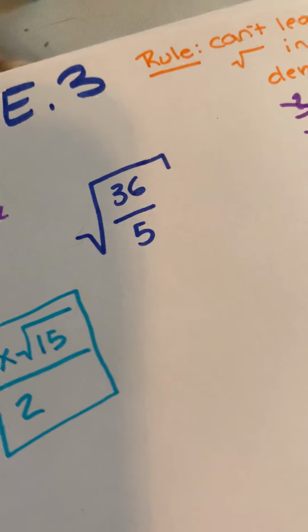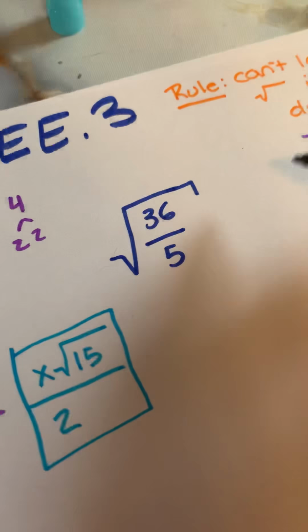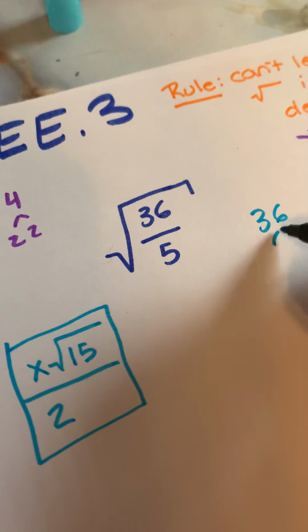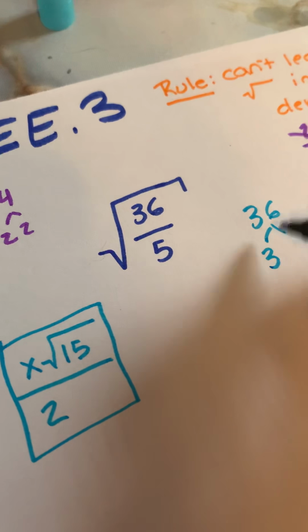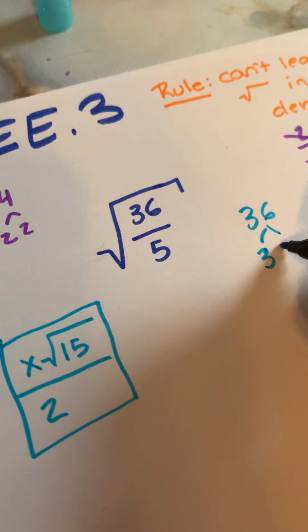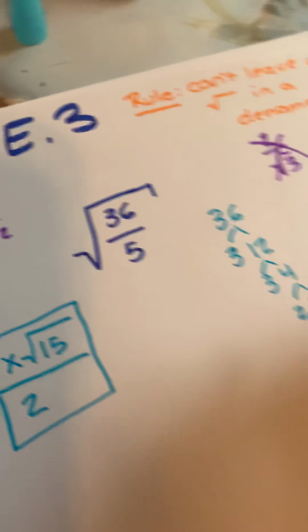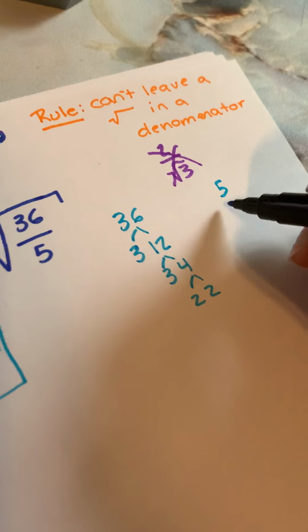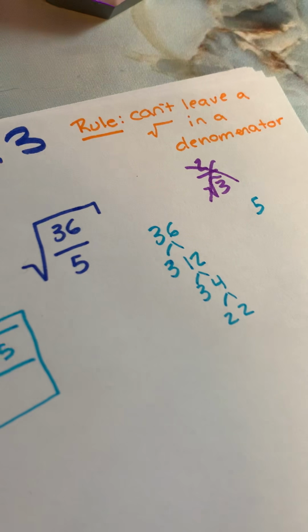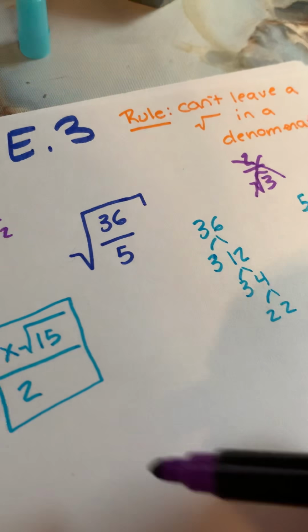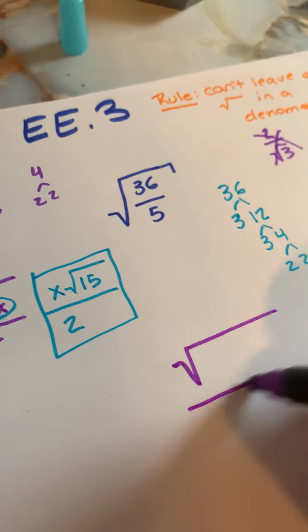So we got 36 and 5. We're going to do our factor trees. 36 is 3 times 12, which is 3 times 4, which is 2 times 2. And 5 is nothing. It's just going to stay 5 there. So we'll make our 2 lists.